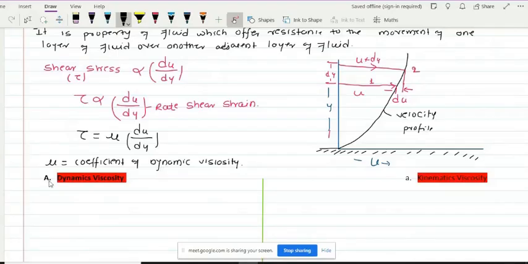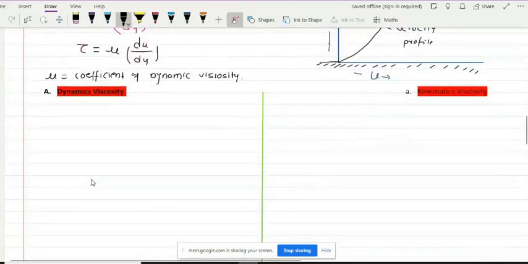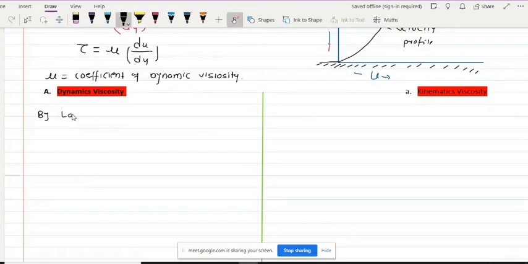Next, what is dynamic viscosity? How is it defined by Newton's law of viscosity? Newton's law of viscosity says tau is directly proportional to du by dy.